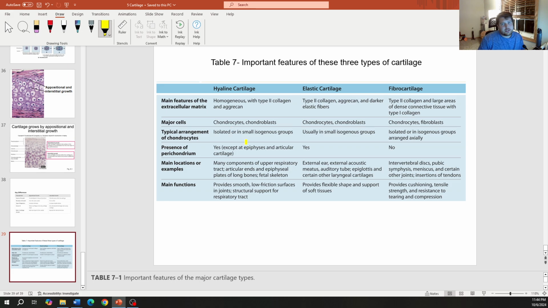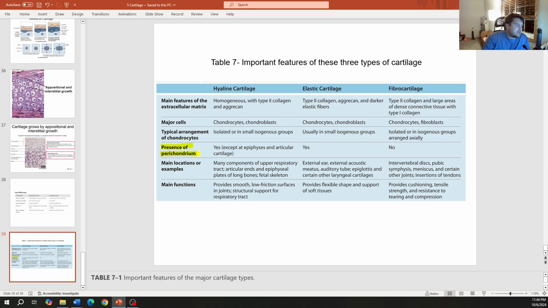Again, the questions that you're typically going to get asked by teachers are going to be the exceptions. So the presence of perichondrium, very likely that it's going to be asked because we know fibrocartilage does not have it. The main functions of each of these cartilages go along with where they're located: the articular ends, the fetal skeleton, specifically in the ear and in the epiglottis.